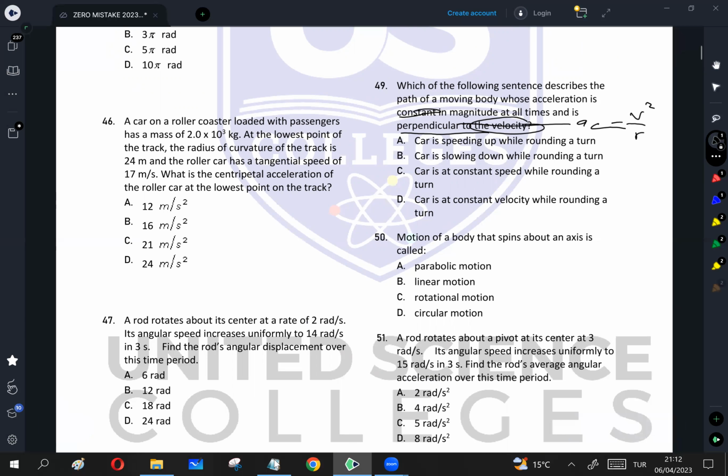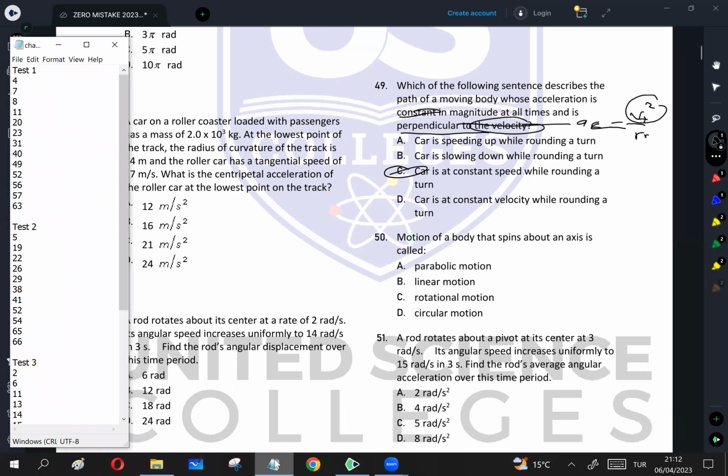So it's a circular path. If V and R are unchanged, AC is constant in magnitude. Unchanged means it must move with constant speed. An object must move in a circular path because of the centripetal acceleration with constant tangential speed, because AC is constant in magnitude. A car at constant speed while rounding a turn. C is the correct answer.